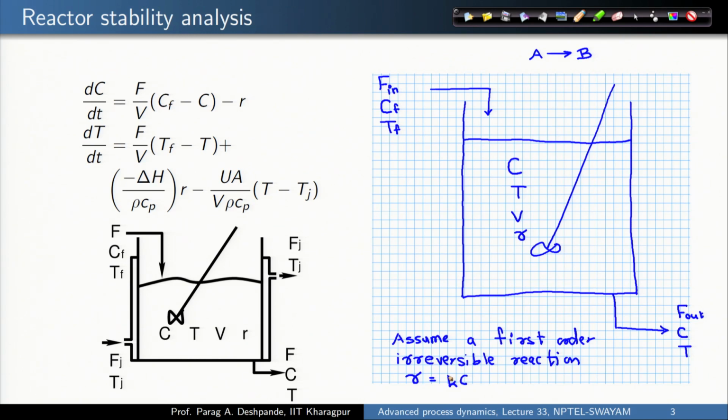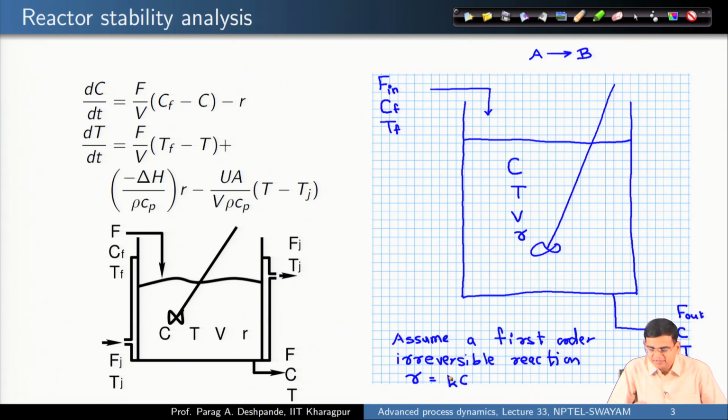Now, you can have a situation where the reaction is exothermic, meaning that heat would be liberated by the system, and if you want to maintain a constant temperature T, then you will have to take that heat out of the system. So, this arrangement is also called diabatic operation of the reactor. Diabatic operation means that exchange of heat is allowed in the system.